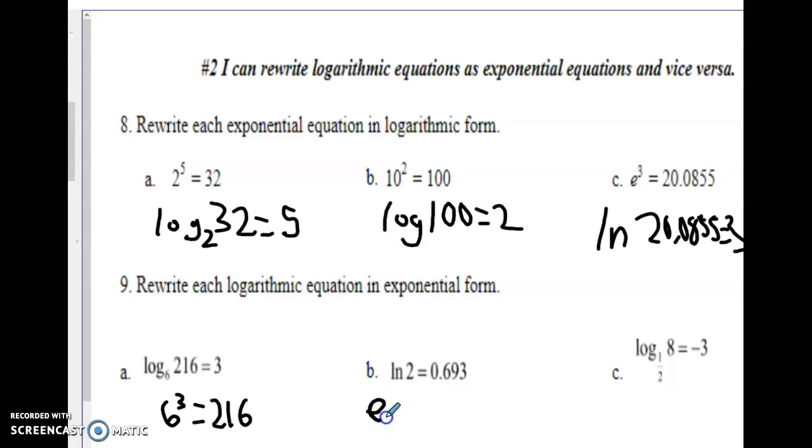So we write e to the power of 0.693 equals 2. And the last one, we start with the base. Base is 1/2. We raise it to the power of -3, and it is equal to 8.